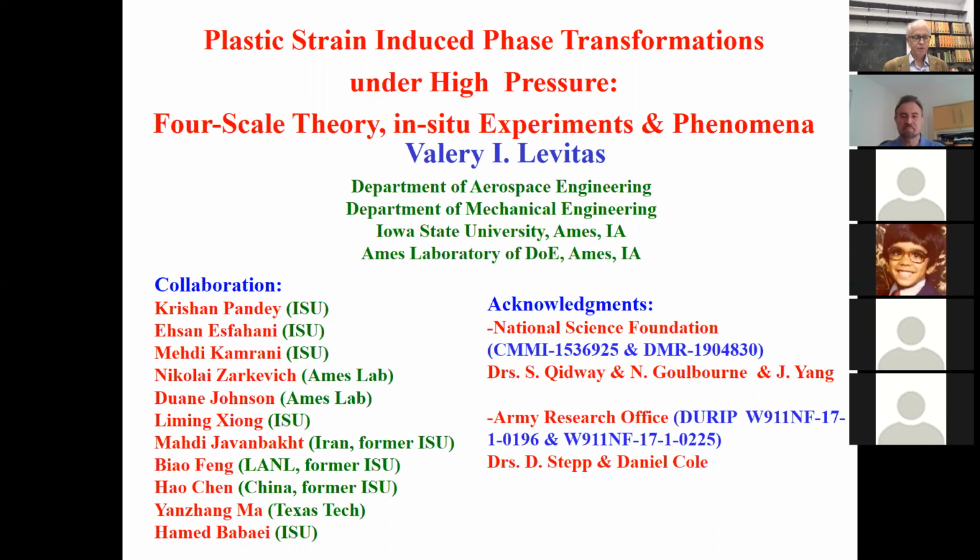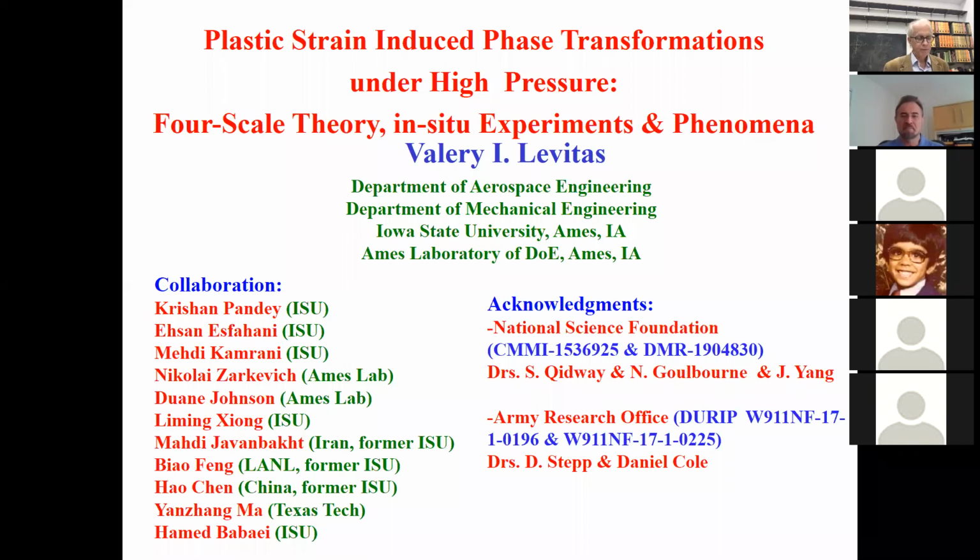Valeri is a distinguished professor in engineering with appointments in 3 different engineering departments at Iowa State. He's also a faculty scientist at Ames Laboratory. Valeri moved to Iowa State and Ames in 2008, and prior to that, he was at Texas Tech, University of Hanover, and at the Institute for Superhard Materials in Kiev, which at the time was a world-leading institute in that field, and where he received his PhD.